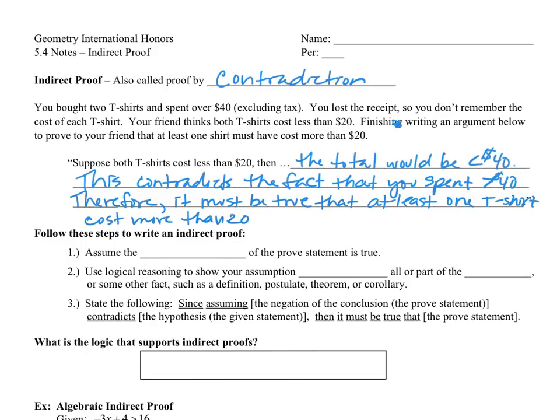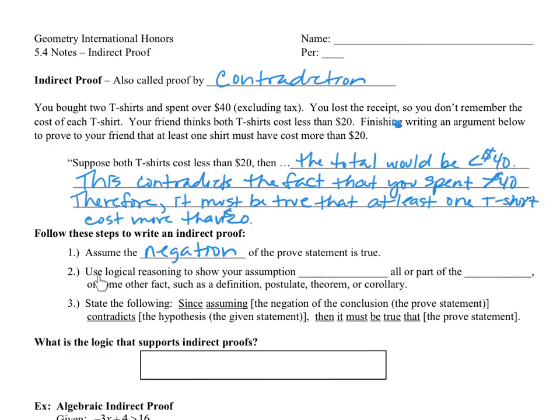All right, so let's take a look at the steps that we'll follow when we write an indirect proof. Number one, we're going to assume the negation of the proof statement to be true.